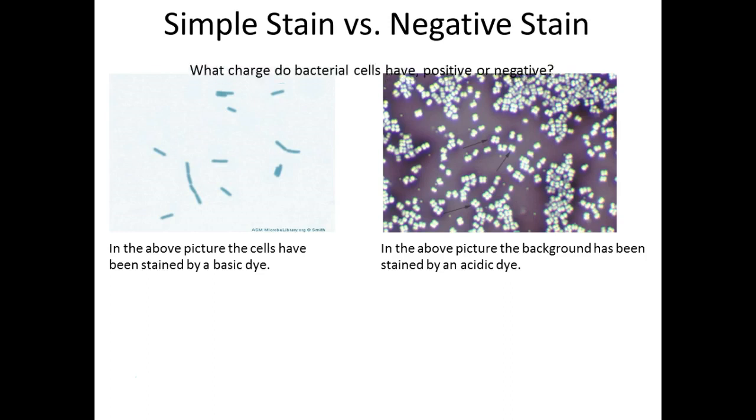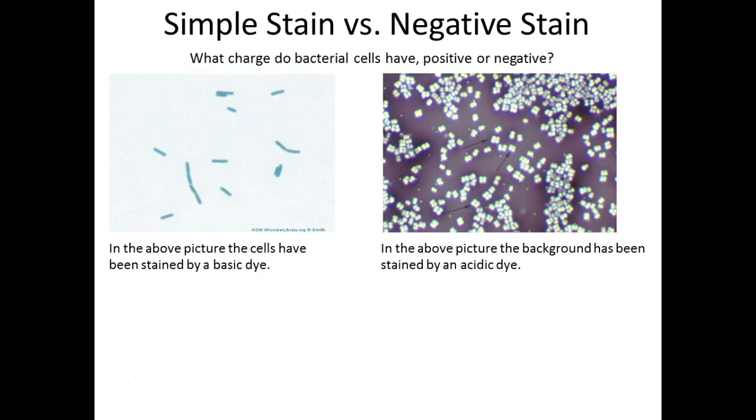Because cells themselves have an overall what charge? Negative. They have an overall negative charge. They respond differently to the different charge dyes we use. So basic dyes have what charge? Positive, right?